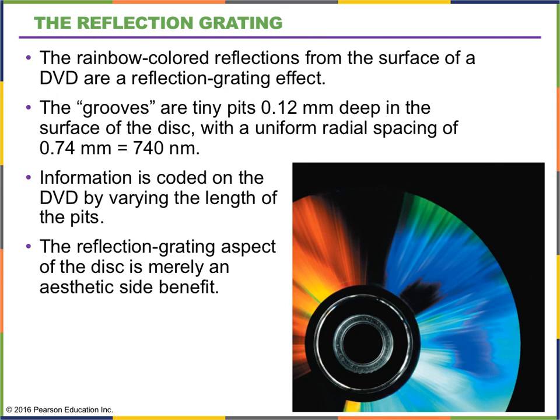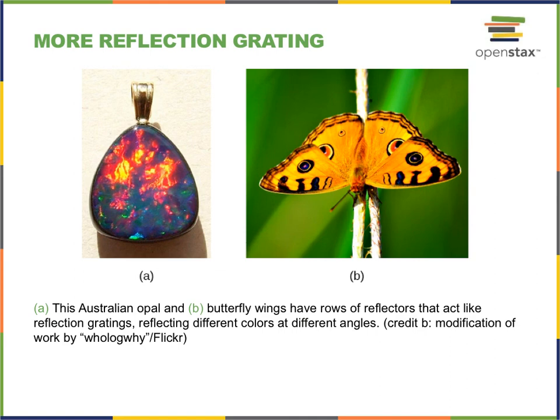If you have an old CD, you might have noticed that it can sometimes show a rainbow pattern because the grooves cut into the disc to store the information act as a reflection grating. And finally, here are some examples of reflection gratings from nature, one in an opal and the other in the wings of a butterfly.